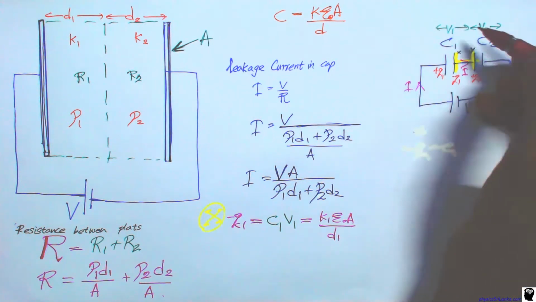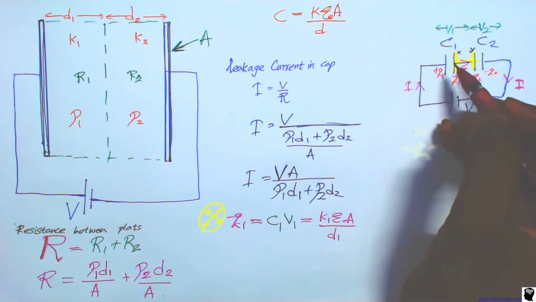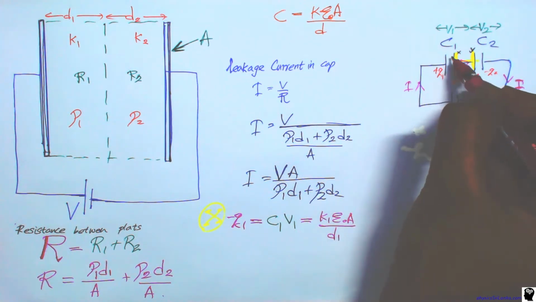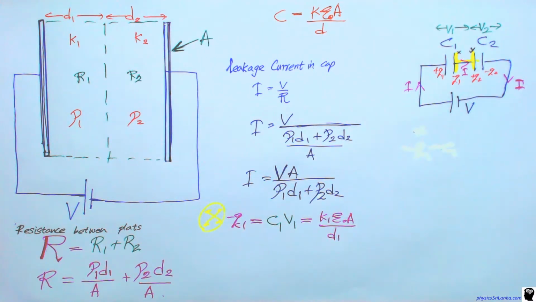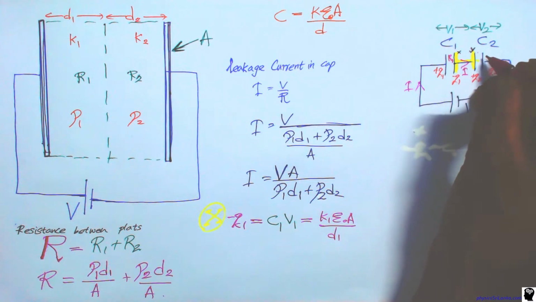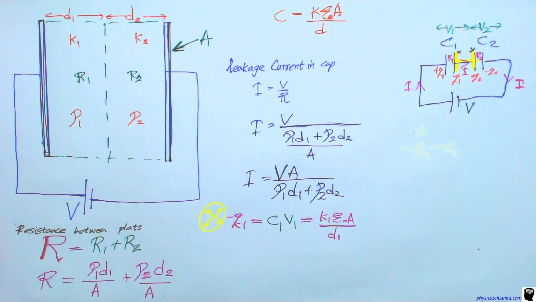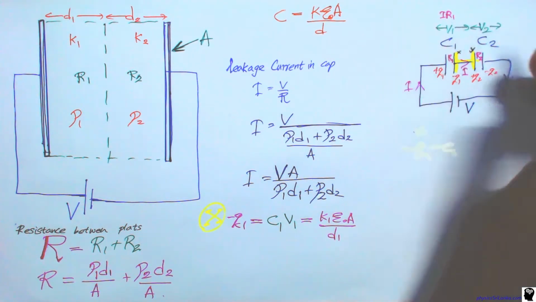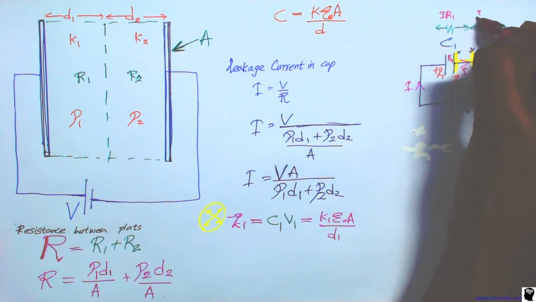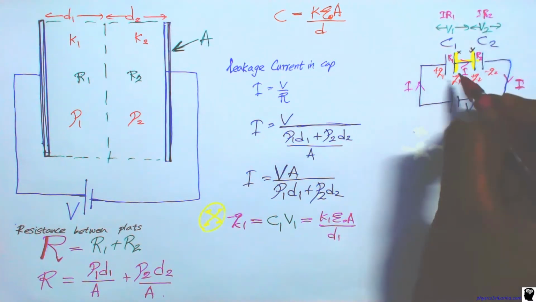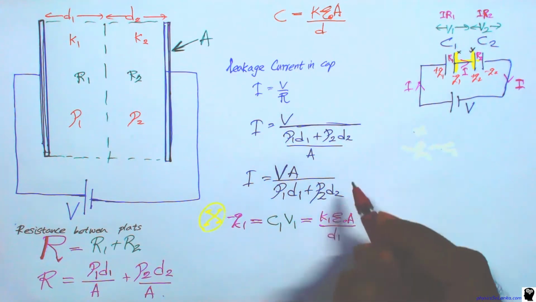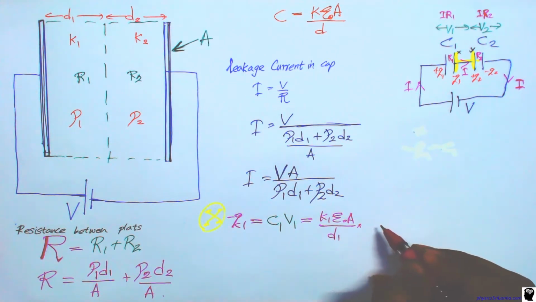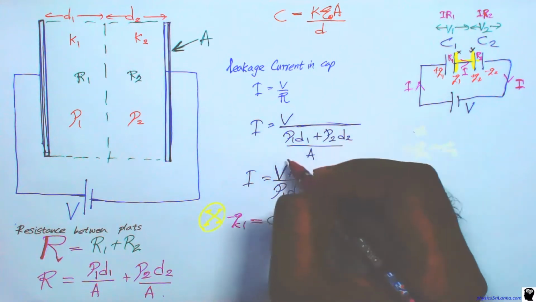Since current I flows, V1 equals IR1, because capacitor C1 has resistance R1 and C2 also has resistance R2. Then V1 equals IR1 and V2 equals IR2, where I is the leakage current. So V1 can be written as I multiplied by R1.